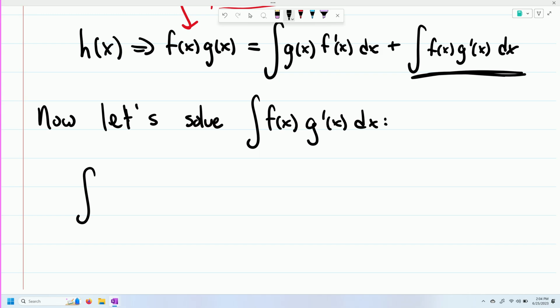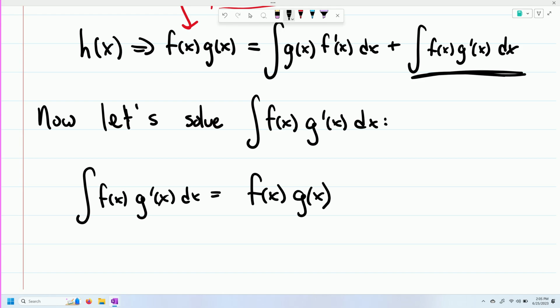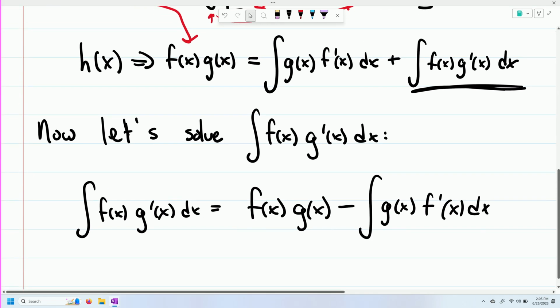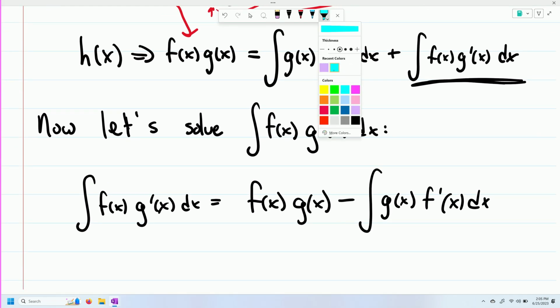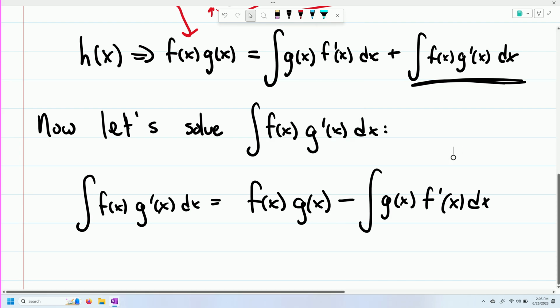It's going to be the integral of f of x times g prime of x dx, which equals f of x times g of x minus the integral of g of x times f prime of x dx.